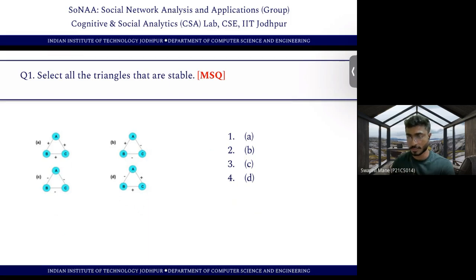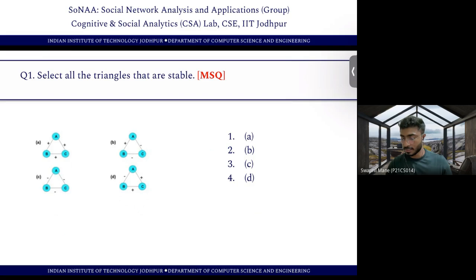If there is a negative sign on the edge between the users, then they are enemies of each other.